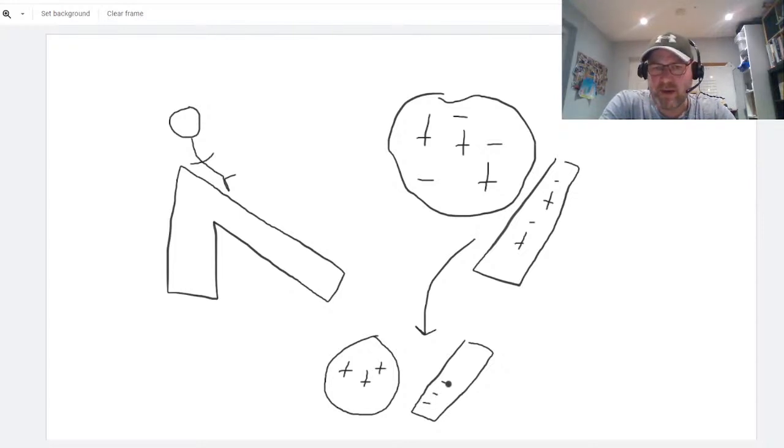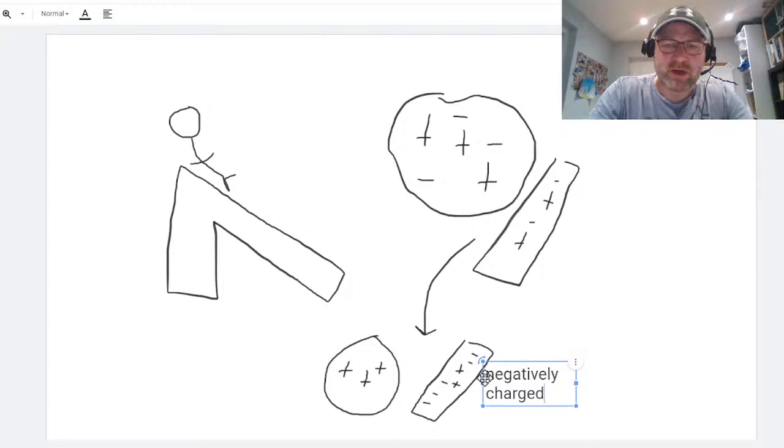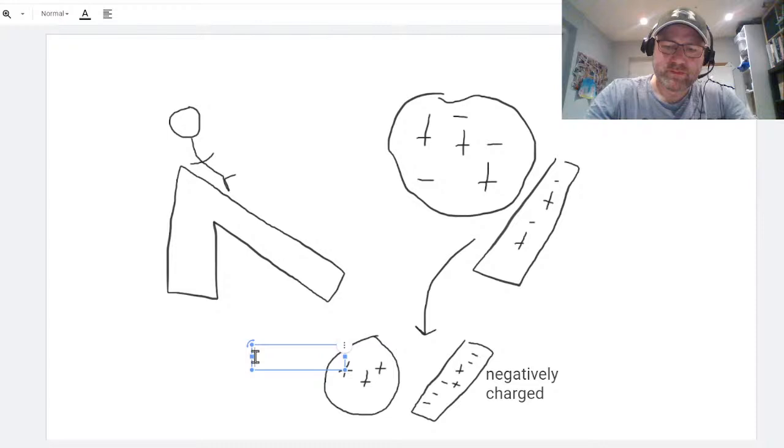But now this has got 5 negatives and 2 positives. So we would say the rod in this situation has become negatively charged, and the cloth is positively charged.